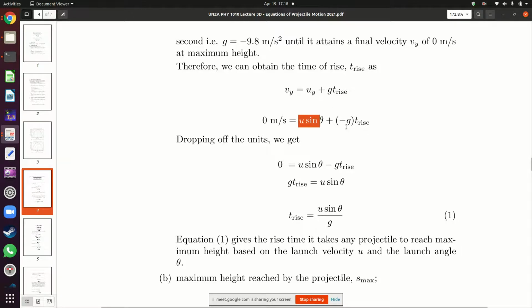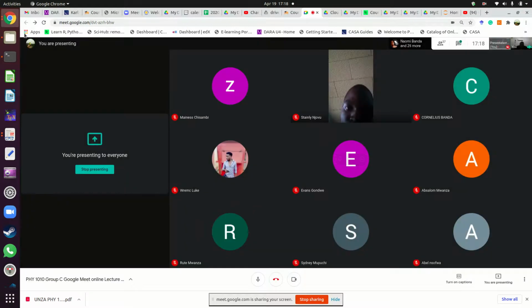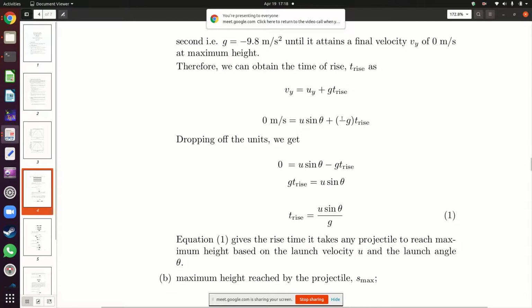Now, we know that the actual size of the acceleration, whether you're going up or coming down, is 9.8 meters per second squared. It just happens that when you're going up, it is negative, and when you're coming back, it is positive. So instead of writing minus 9.8, we use minus g as our acceleration due to gravity, because we know the value of g is 9.8.